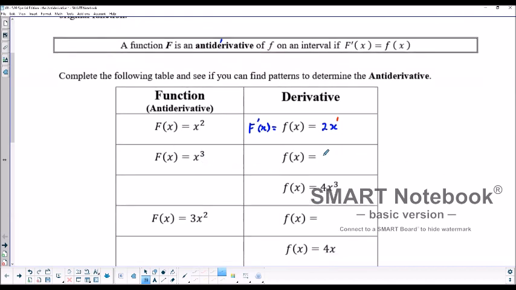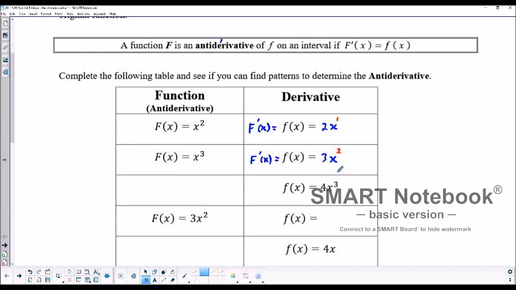If we move on to x cubed here, we know that the derivative of this antiderivative, uppercase F prime of x, is lowercase f of x, and that's going to be 3x squared. So each time we're subtracting 1 from the exponent when we take the derivative.